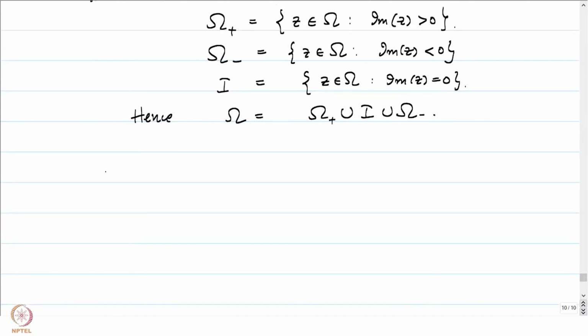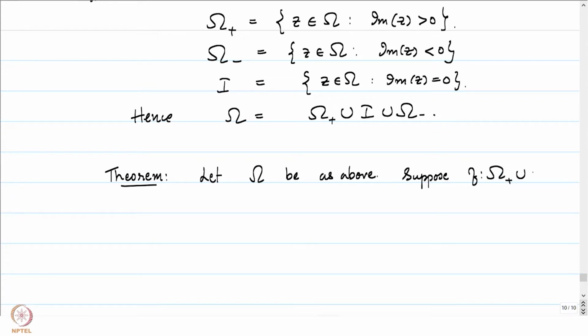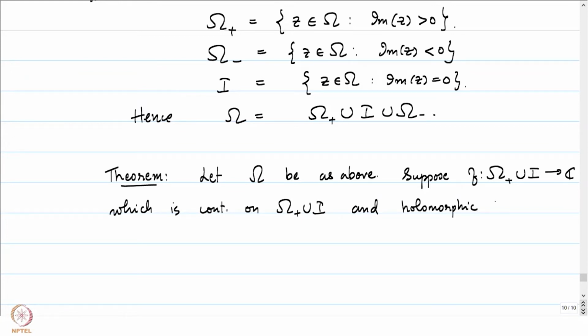Now let me state the Schwarz reflection principle. This theorem is called the Schwarz reflection principle. Let omega be as above. Suppose f is a complex valued function which is defined on omega plus union I, continuous on omega plus union I, and analytic or holomorphic on omega plus.